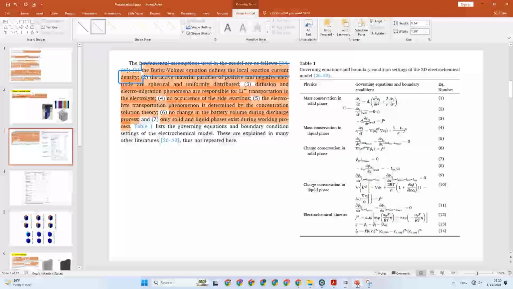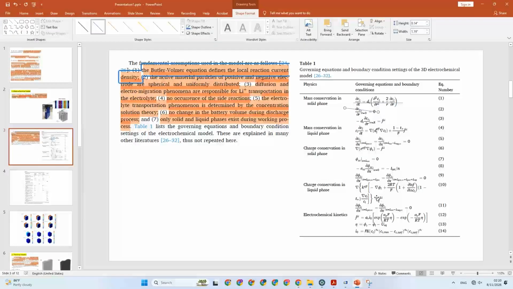It seems the paper was wrong somewhere. And if we choose gradient ln c, it means gradient c divided by c. It is the same.